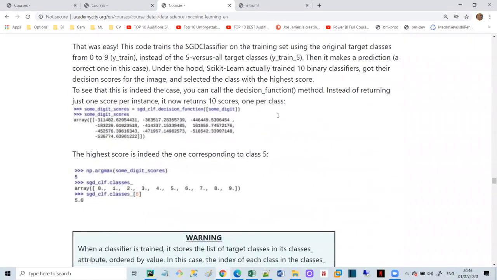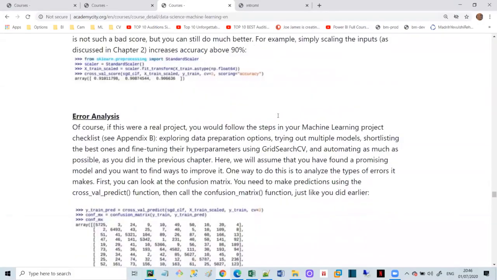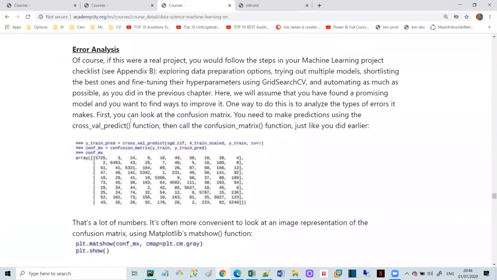Then I will skip all that and jump to this one, which is the confusion matrix. This time, these are all the true numbers, could be 0, 1, 2, 3. So we have 10 rows and 10 columns. Why is that?